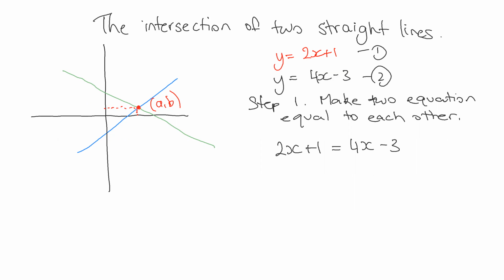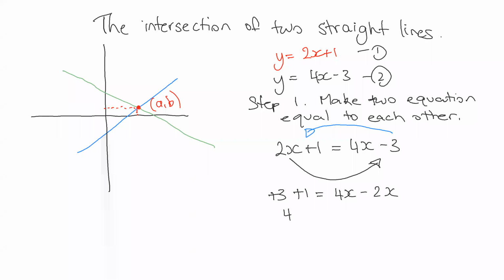If I move 2x to this side and the 3 to this side, the negative 3 becomes a plus 3, plus 1 is equal to 4x minus 2x, because that 2x is positive, and when we move it to the other side, it becomes a negative 2x.